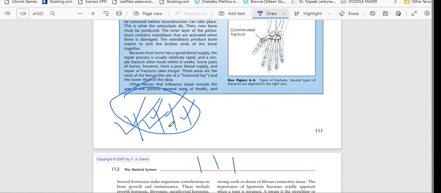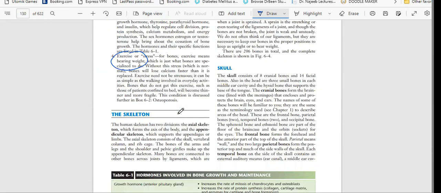Third, ask about their hormones, whether they have any endocrine diseases like diabetes, or kidney diseases, liver dysfunction, anything. And the fourth most important thing, if everything is in balance, is he doing exercise? So this is the base of every bone disease.